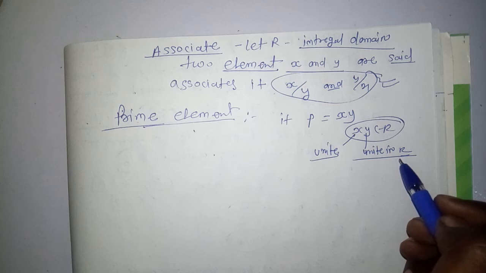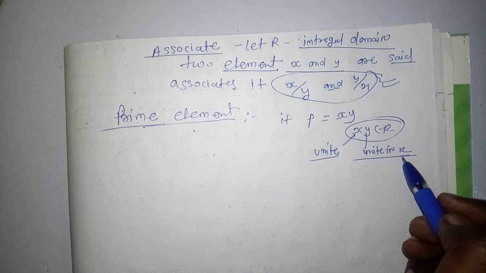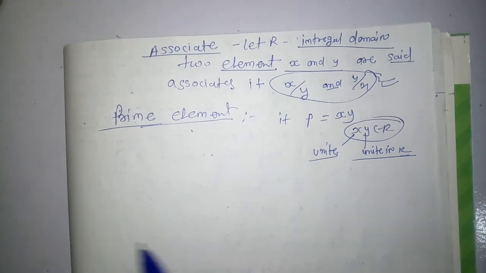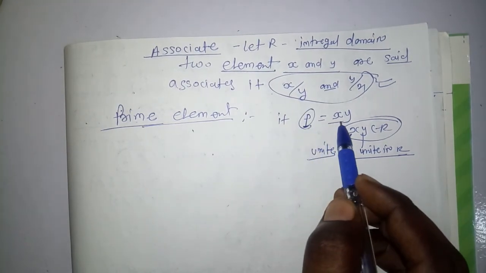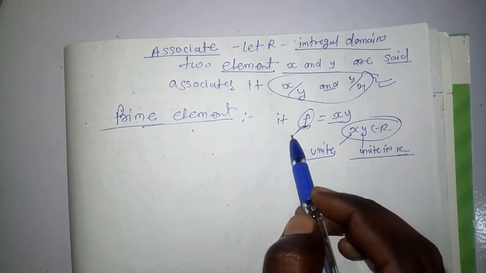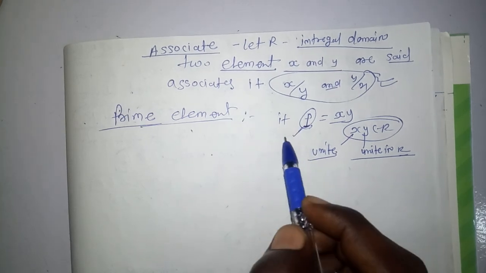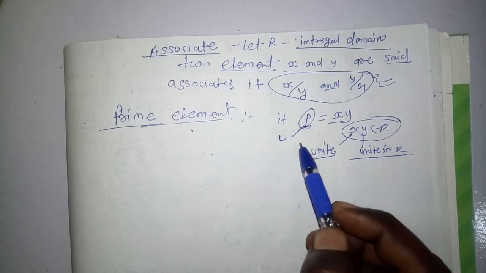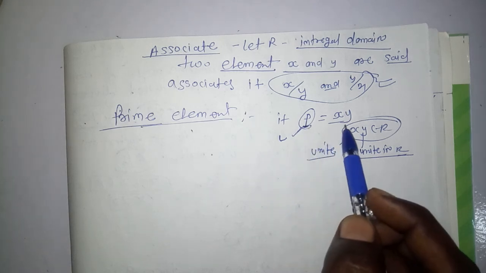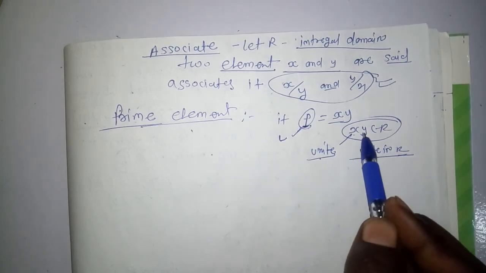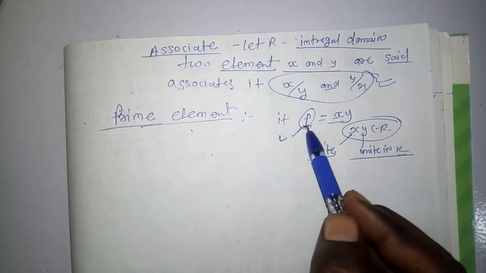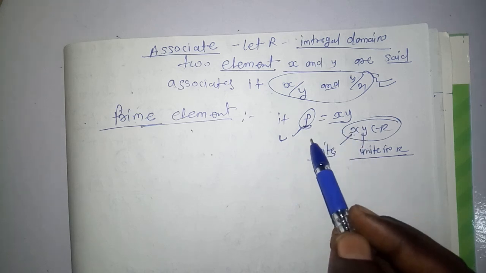A non-zero element is said to be composite or reducible if it is neither a unit nor a prime. Because P is equal to xy with x or y a unit, P is called a prime element of R.